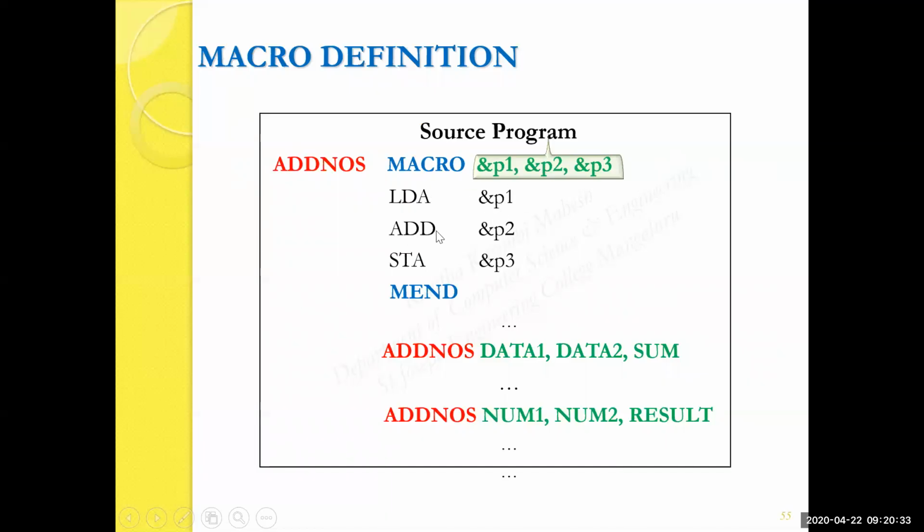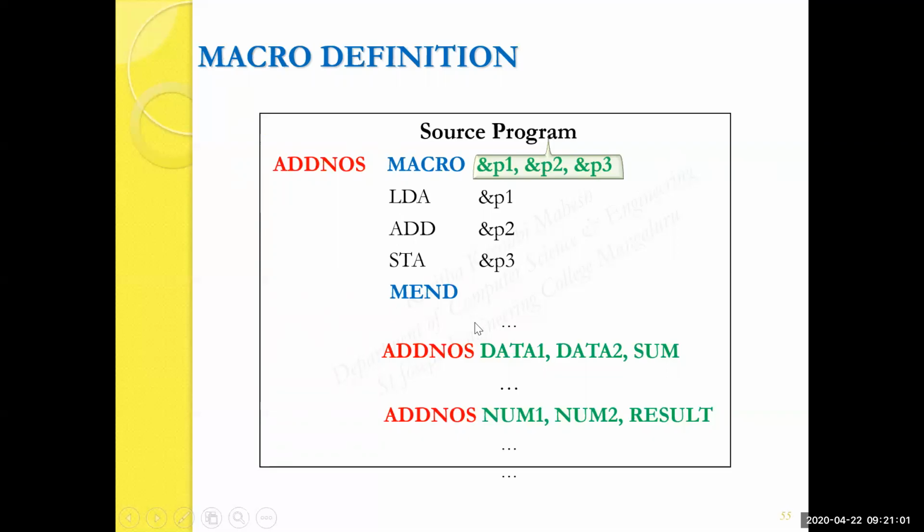ADD adds the content of register A with the second operand, and STA stores the result into the destination location indicated in the operand. It's a very simple macro which adds two numbers and stores the result in the memory location indicated by the third operand.